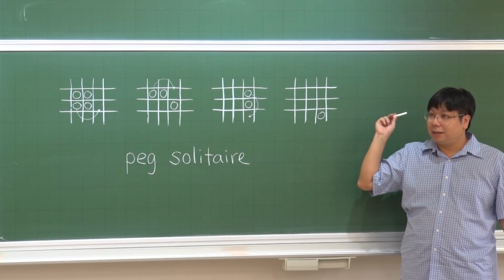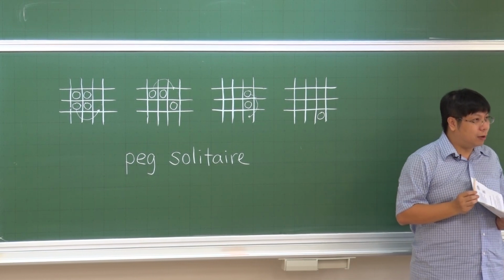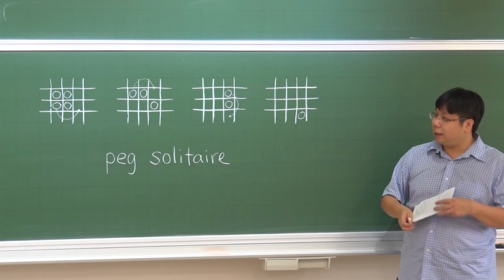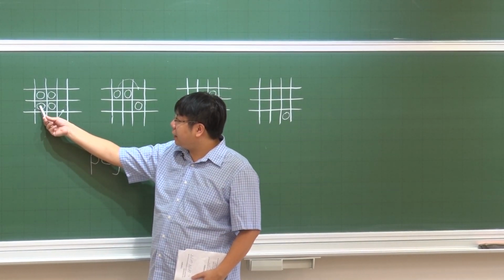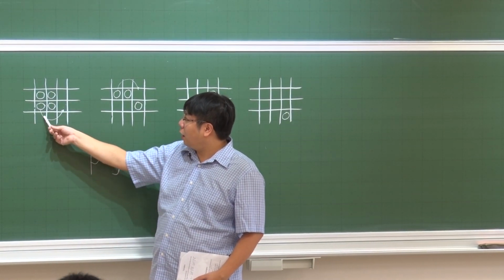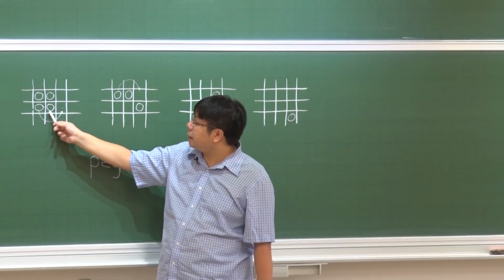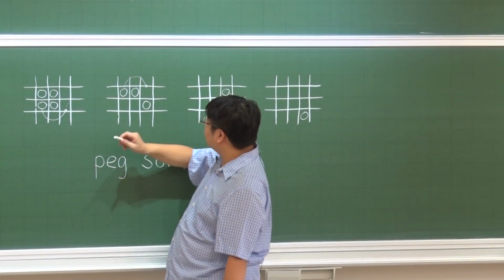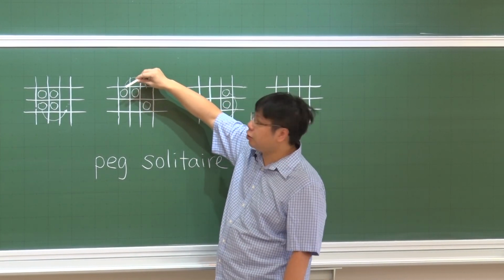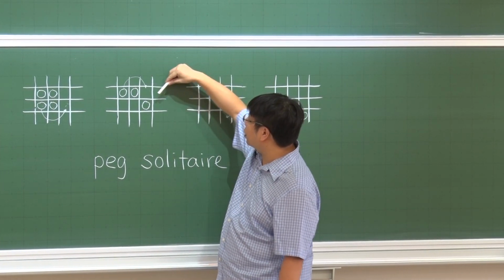Let me emphasize a little bit about the rule. A piece must jump over another one, landing in the position immediately touching it. For instance, I cannot jump this one to this location and take away this one.